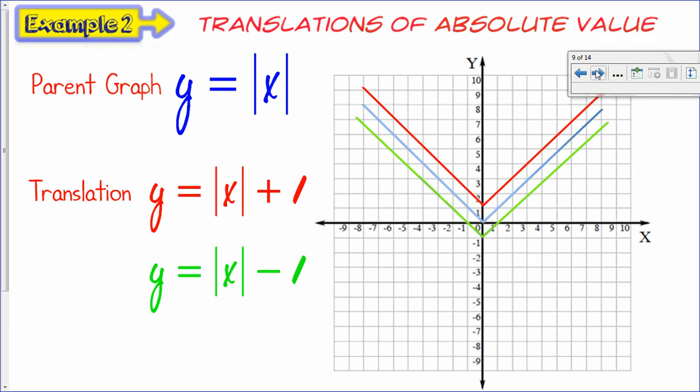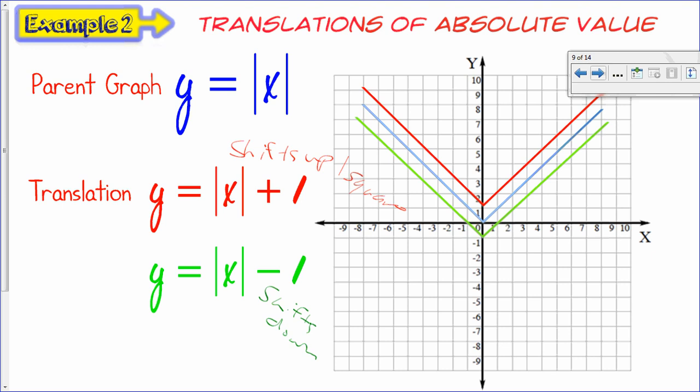If it's outside at the end of the absolute value, then it shifts up 1 square. Now, if there were 2, it shifts how many squares? 2. You guys get that, right? If it's a -1 and it's after the absolute value, then it shifts down 1 square.